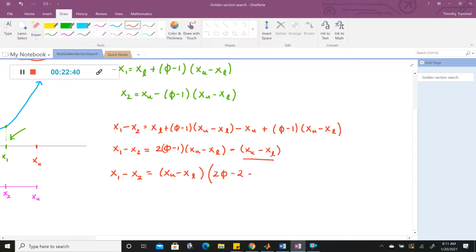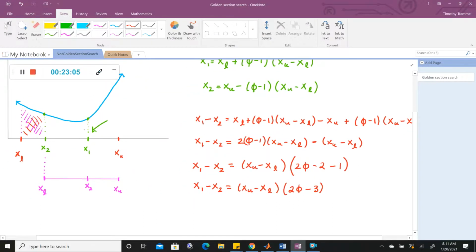And from this term, we're just left with a minus 1. So what this really leaves us with is that the distance between x1 and x2 is just x upper minus x lower times 2 phi minus 3. So there's one of our options.